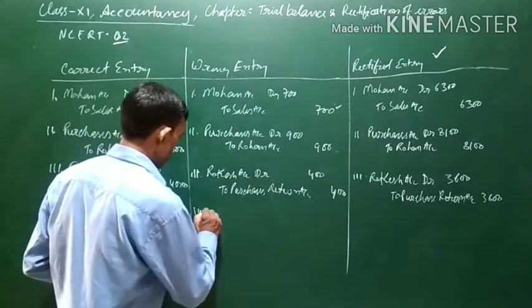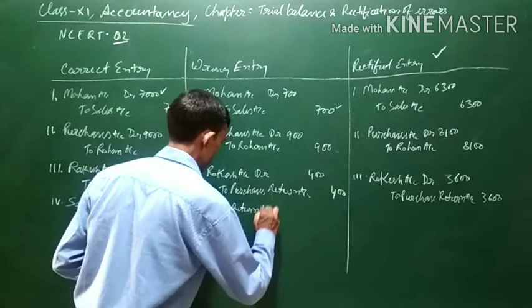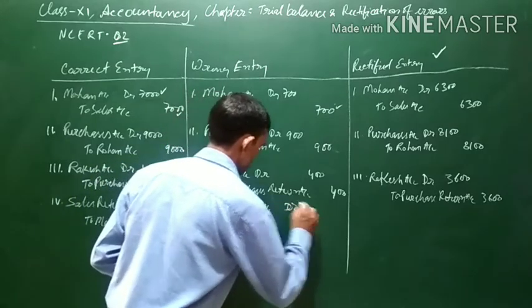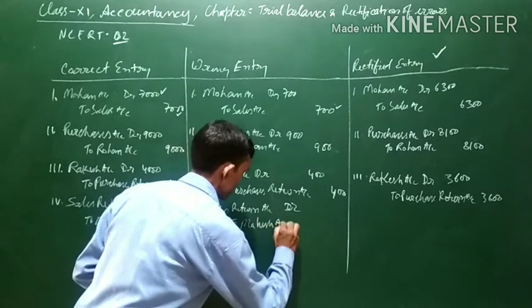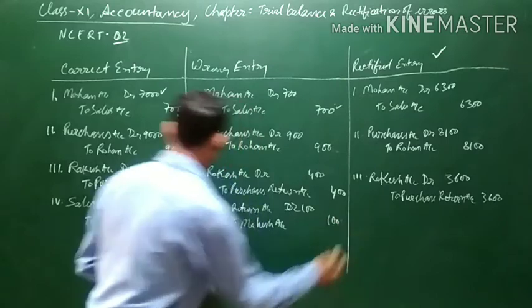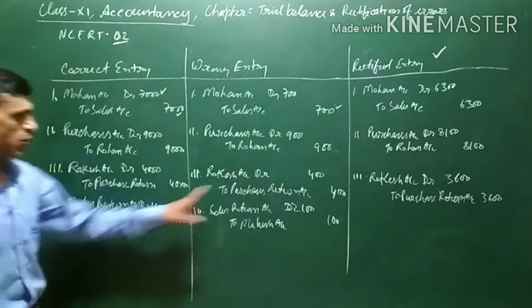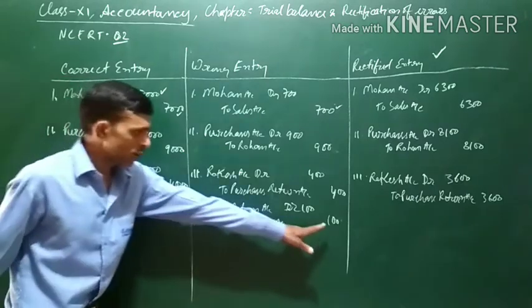Here the amount recorded was only 100. Sales return account debit to Mahesh account, 100. Means instead of 1,000, the debit is of 100 only. Instead of 1,000, the credit is of 100 only.